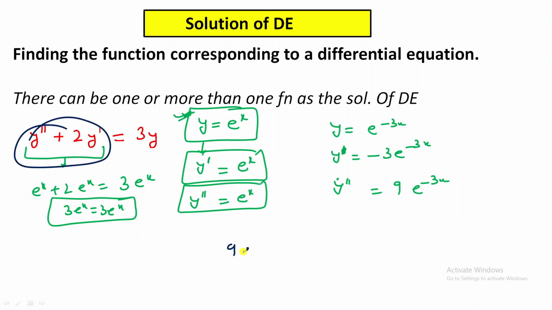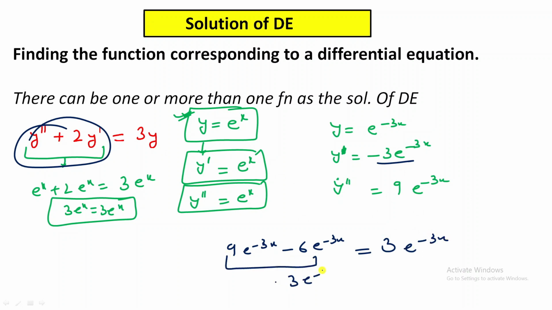So it will be 9e^(-3x) plus 2 multiplied by minus 3, which is minus 6e^(-3x), equal to 3y, where y is e^(-3x). So 9 minus 6 is 3e^(-3x). So left hand side equals right hand side. This is another solution. This way you can verify.